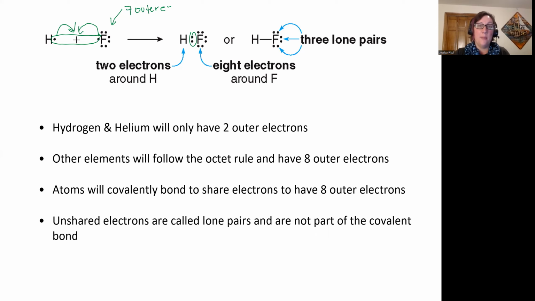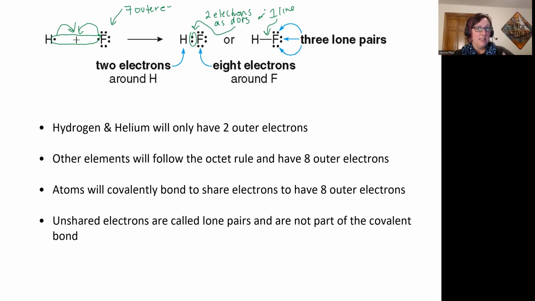And those make up the covalent bond, which we can represent as two electrons as dots, or we can represent it as a line. So when you look at a structure and you see a line, each of those lines represents two electrons.